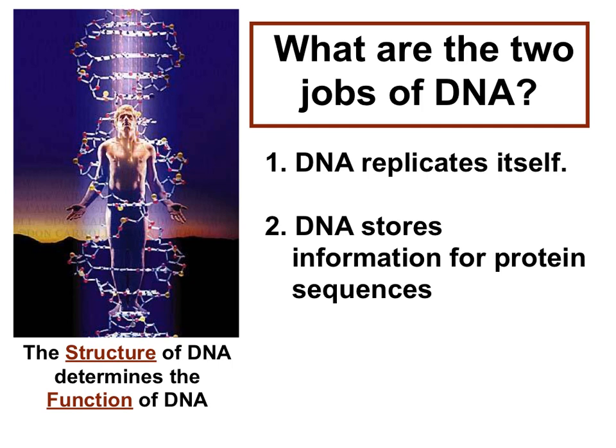But the truth is that the job of DNA is pretty simple. First, DNA needs to replicate itself. Because DNA can copy itself, each new cell that's made gets an exact copy of the DNA. And second, DNA stores information. The information stored in DNA is like a big recipe book for all of the proteins that are needed to make up each cell in your body.